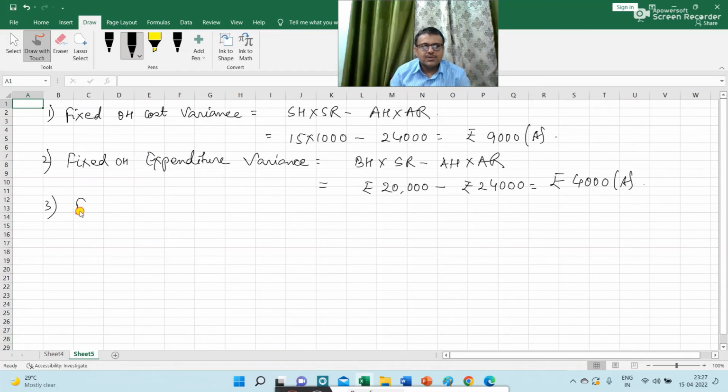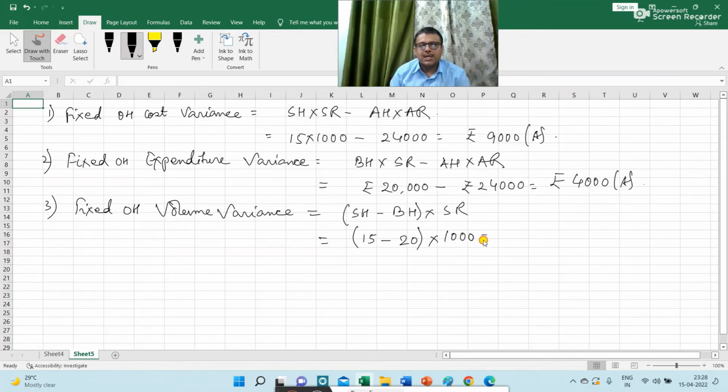Third variance is your fixed overhead volume variance. This is equal to standard hour minus budgeted hour into standard rate. So standard hour I have calculated as 15 and budgeted hours is 20. This is 15 days and 20 days into standard rate per day is 1000. So this is equal to 5000 adverse.